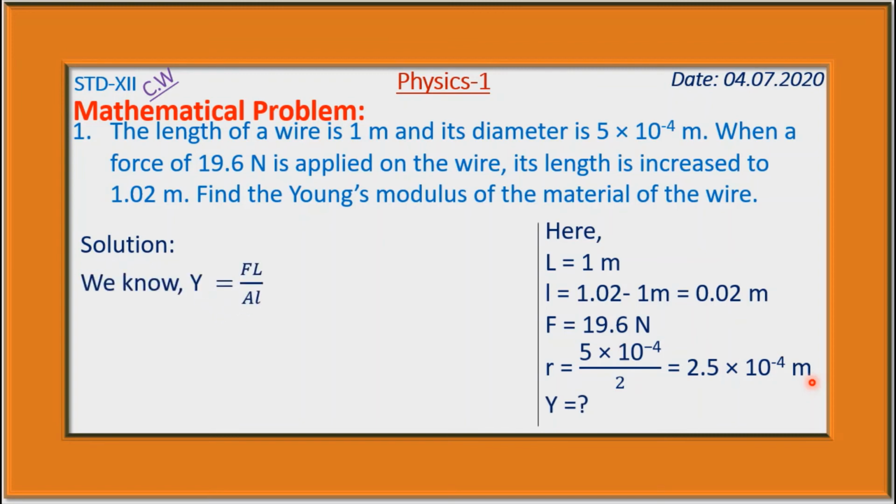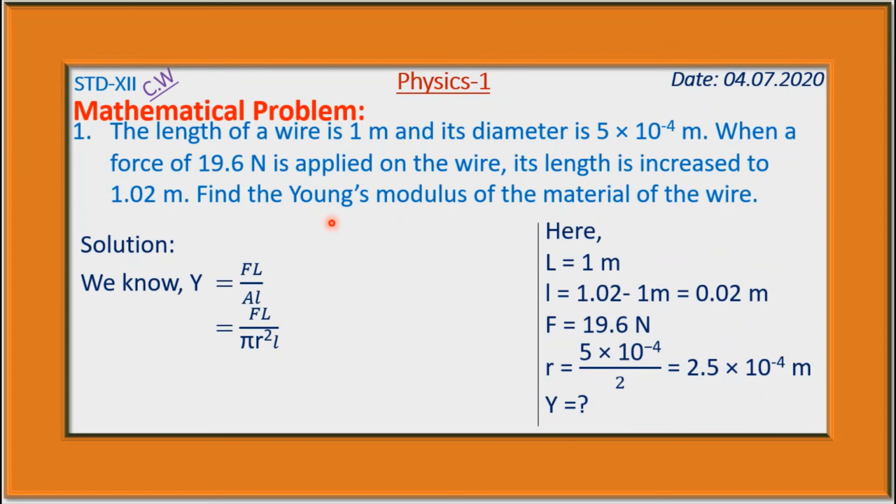We know Y is equal to FL divided by Al. So FL divided by pi r square l, where this is the area, and we know area is equal to pi r square. If the radius of a circle is r, then its area is pi r square.